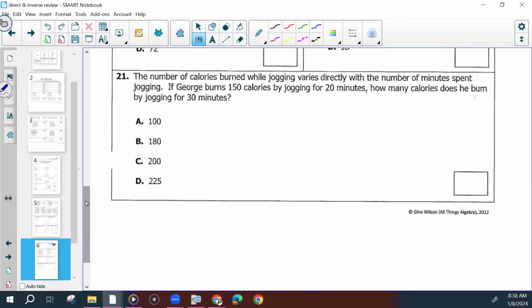Right, for this number 21, the number of calories burned while jogging varies directly with the number of minutes spent jogging. If George burns 150 calories by jogging for 20 minutes, how many calories does he burn by jogging for 30 minutes? What's important there? What do we call important, Jackie?